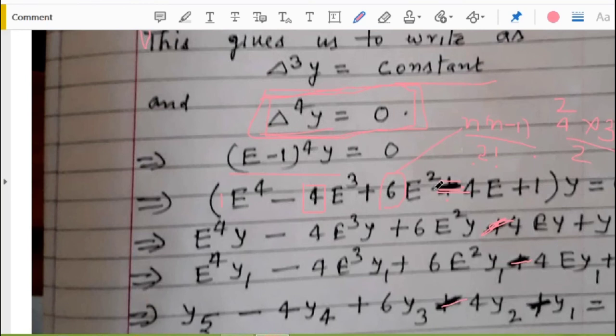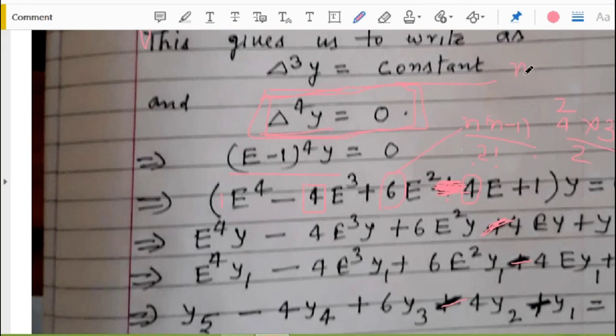How is this minus 4? I make it a very big minus, because already it was made plus. Minus 4, how is this 4 coming? Do you remember the formula?